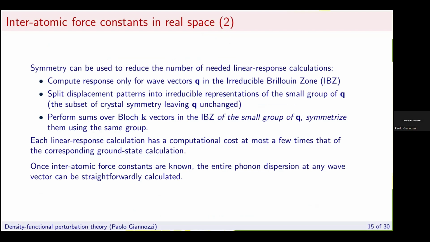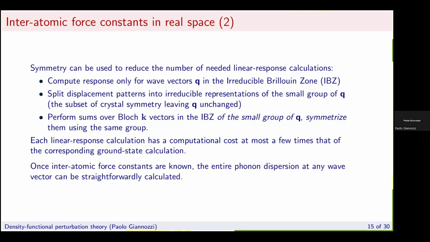Just a technical remark about symmetry. It's useful to use symmetry when it's present to reduce the number of calculations, in particular the number of linear response calculations to be computed. So what is done, at least how it is implemented in Quantum Espresso right now, is that we select phonon wave vectors in the irreducible Brillouin zone. And then we symmetrize with respect to the symmetry group that leaves the phonon wave vector Q unchanged.